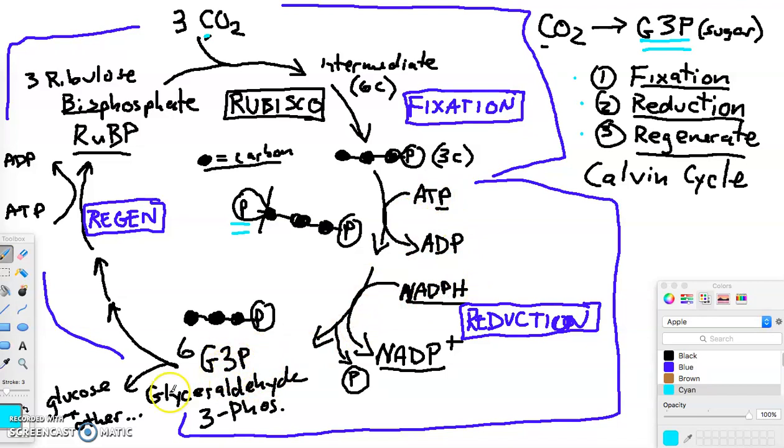Finally, we get our G3P. One of those G3P goes on to help us make glucose. The other 5 are then used to regenerate our RUBP. That process, just so you know, will require some energy input, ATP, as we see here. So fixation, reduction, regeneration, with the main goal of incorporating the carbons from CO2 into the carbons of glyceraldehyde 3-phosphate.